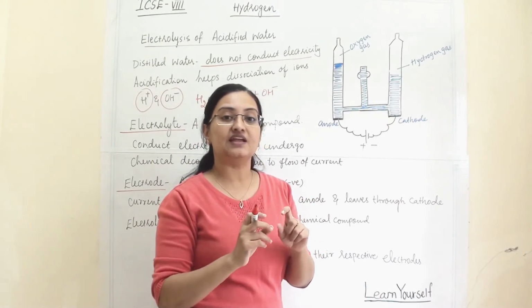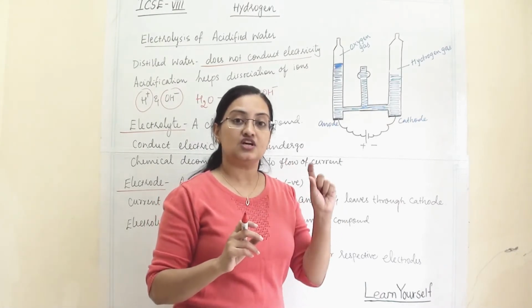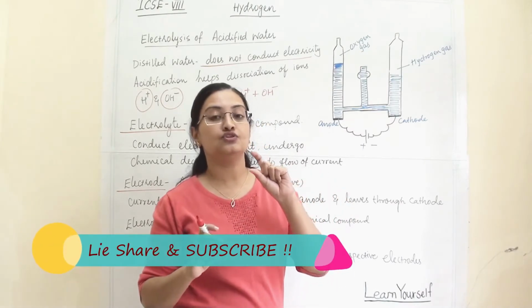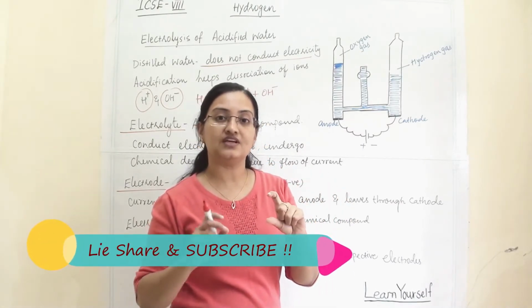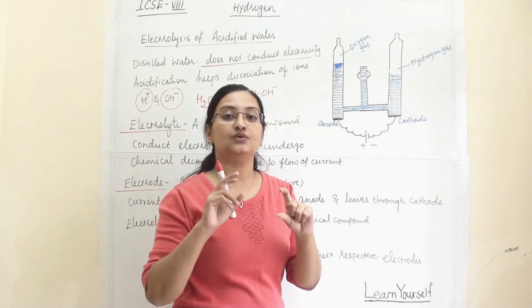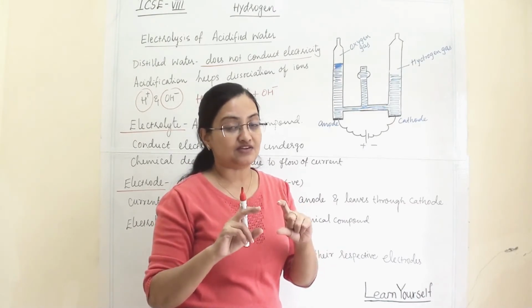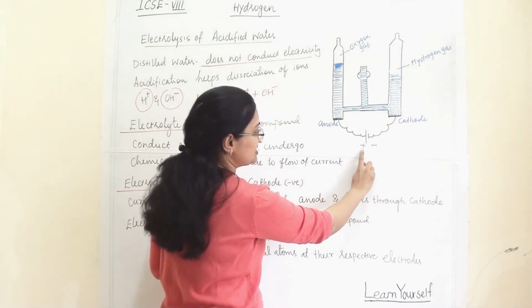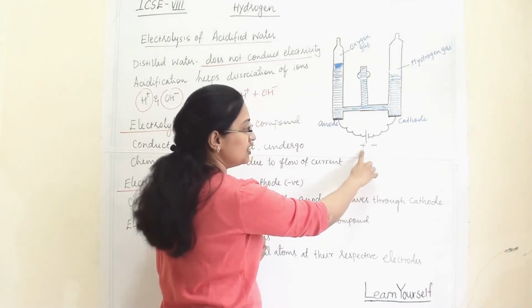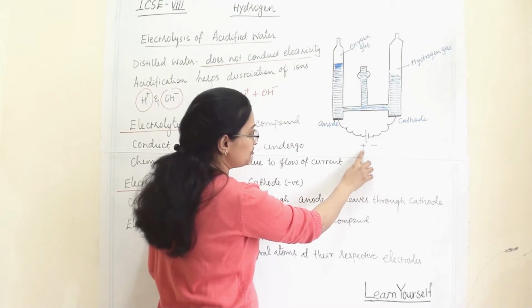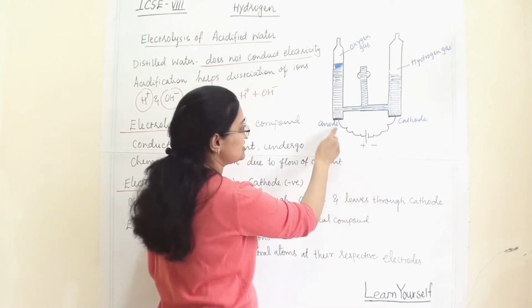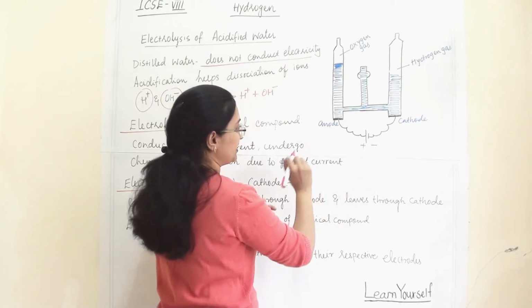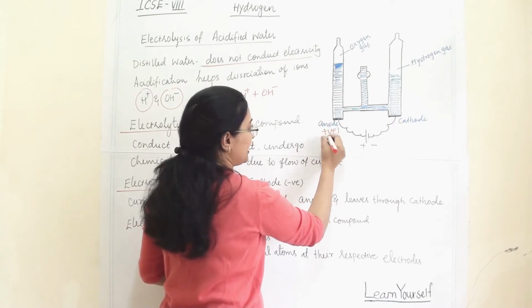It depends upon which terminal you attach to the positive terminal of the battery and which terminal you attach to the negative terminal of the battery. So here, when this is the positive terminal of the battery and I attach it here, this becomes my positive electrode, and that is the anode.